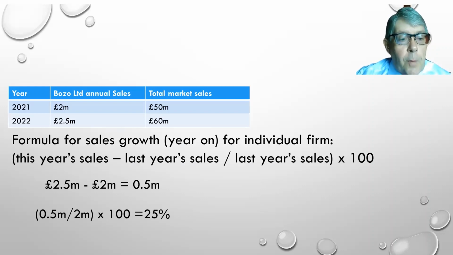So 2.5 million minus 2 million equals 500,000. Then 500,000 over 2 million times 100 is 25%. In general, this calculation is really just new minus old over old times 100.